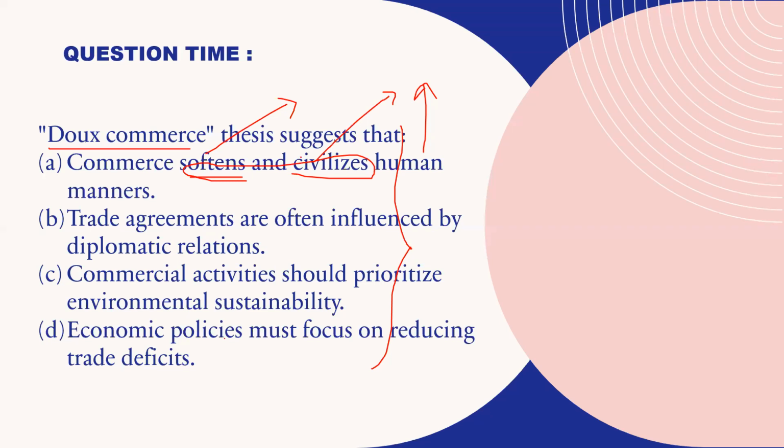But now, because of protectionist measures, nationalism, all these things, this is not applicable in the present context. So the answer here is A. This may be asked in the exam because this word is being discussed in the news.